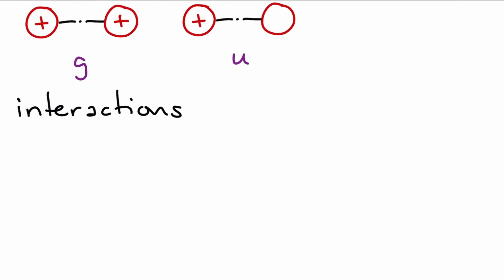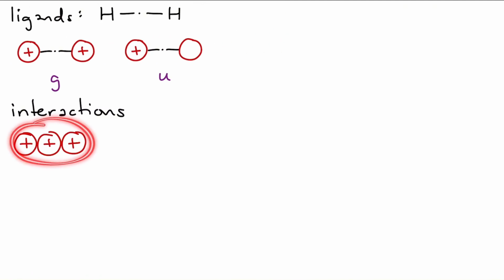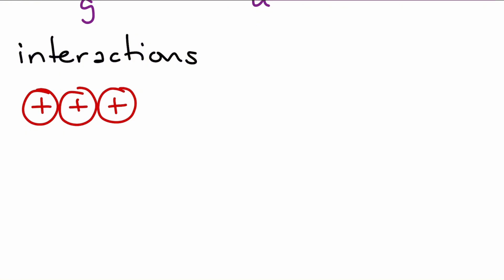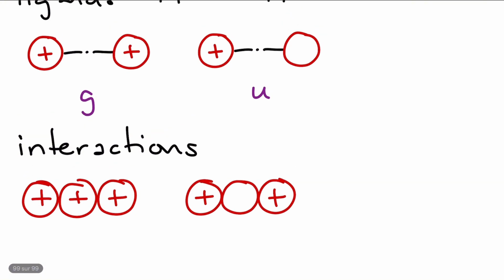I can still say that this orbital interacts beautifully, this one right here, because it's in phase. This is the bonding type interaction, right? And for the anti-bonding, I just make the 1s of the central atom out of phase with the two ligand group orbitals.